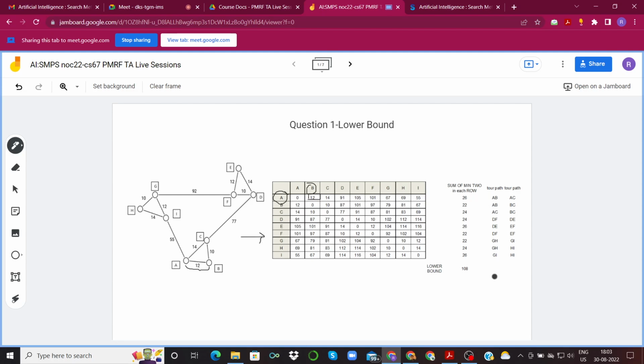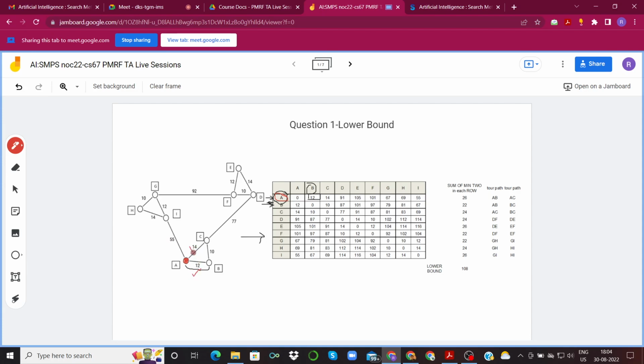And to find the lower bound, for each row we will look at the minimum two entries in each row. What that means is, let's consider this node A. What are the two smallest weight edges connected to it? 12 and 14.